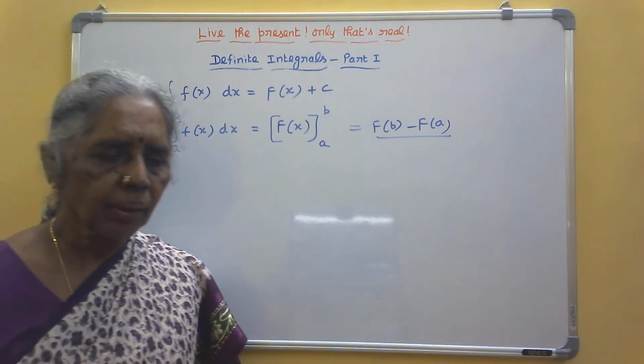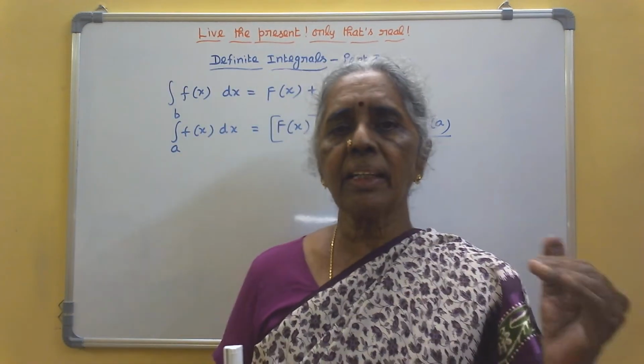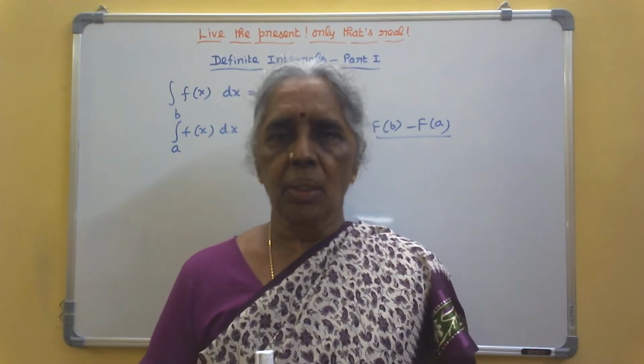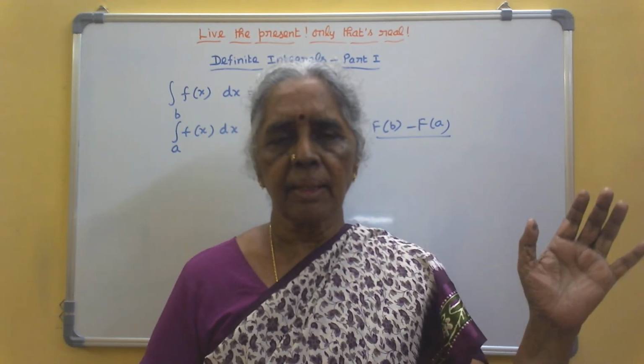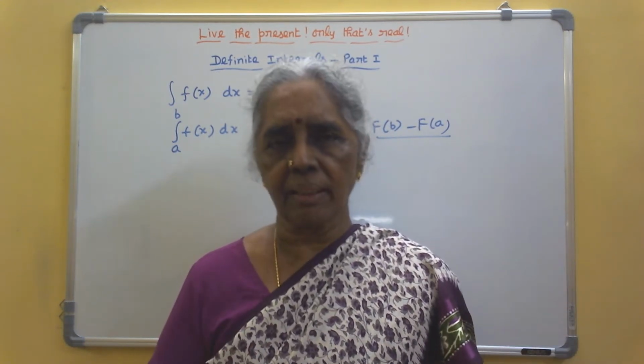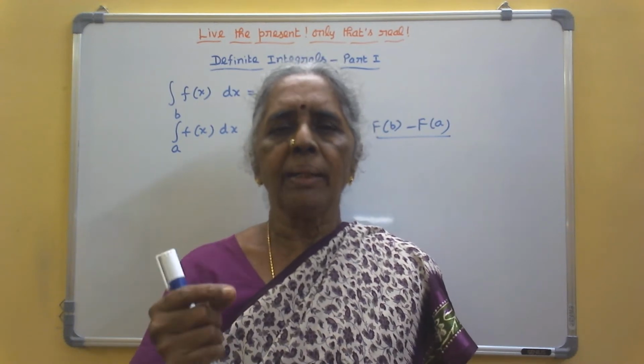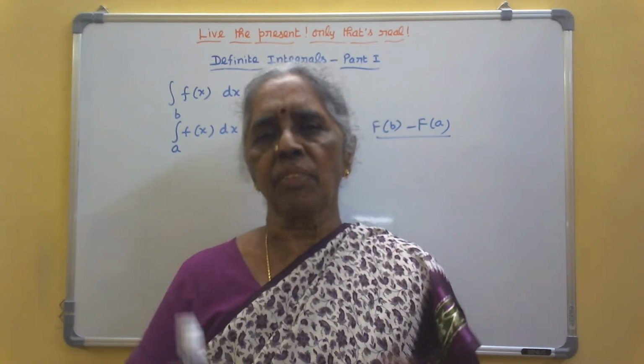Okay. Let me tell you the geometrical meaning of both so that it will be clear to you. Indefinite integrals, actually the geometrical interpretation is you will be getting a family of curves.